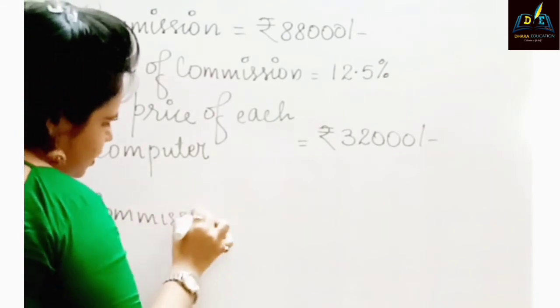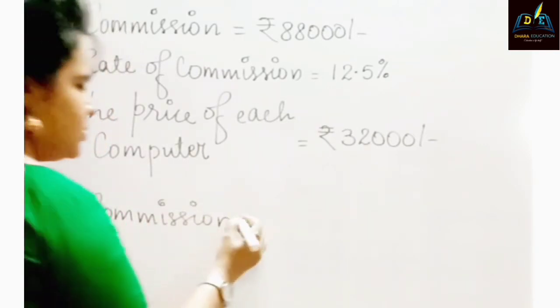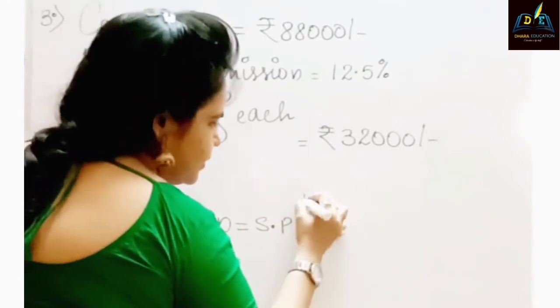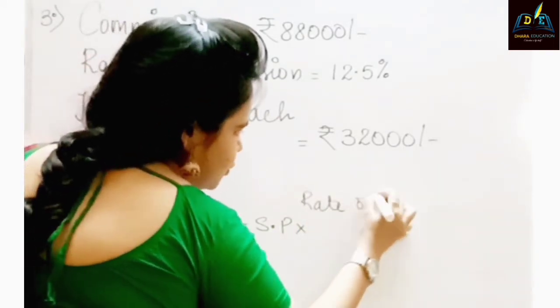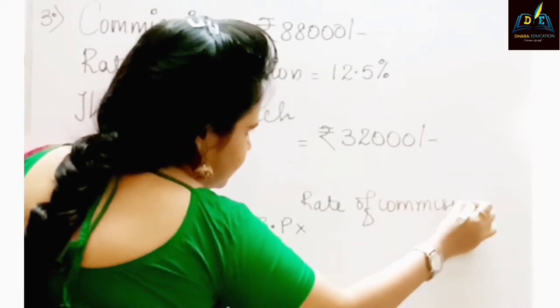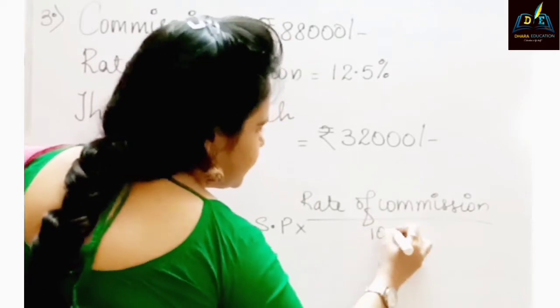The normal formula, which we know very well: commission is equal to selling price multiplied by rate of commission upon 100.